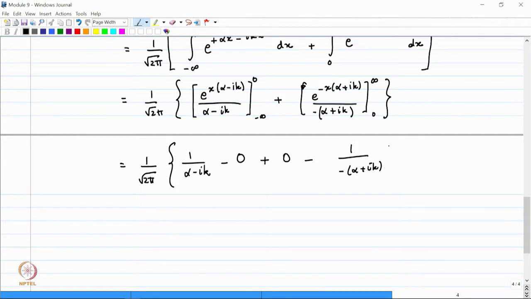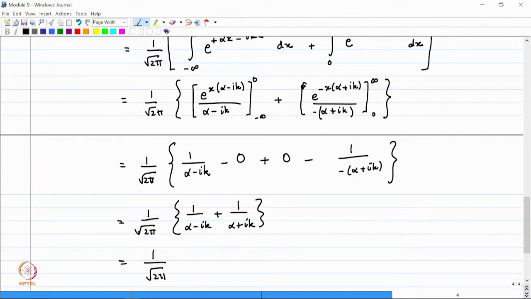Okay, so these are the terms. I can write this as 1 over square root of 2 pi, and I have 1 over alpha minus I k plus 1 over alpha plus I k. If I just multiply it out, I will get 2 alpha divided by alpha square plus k square.